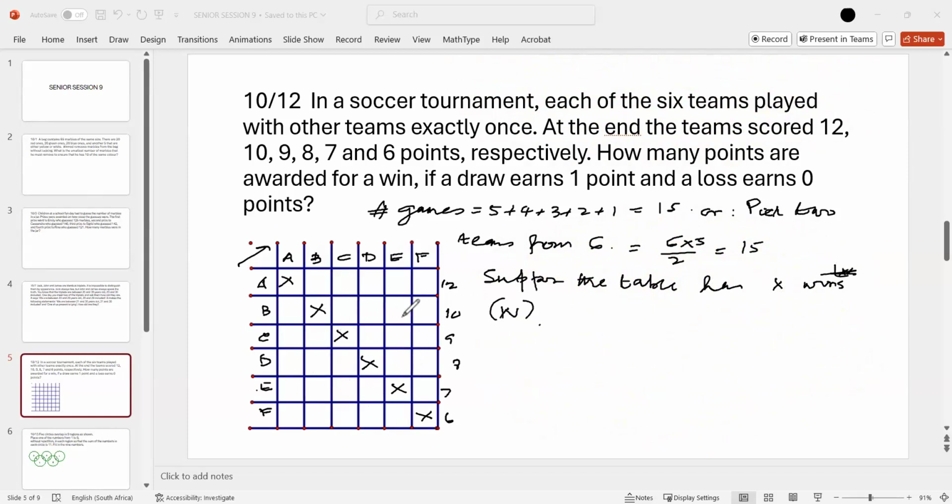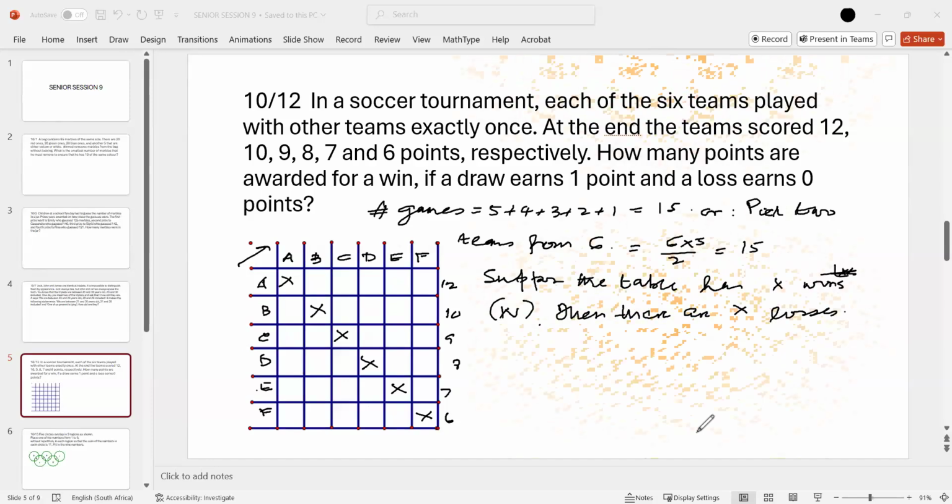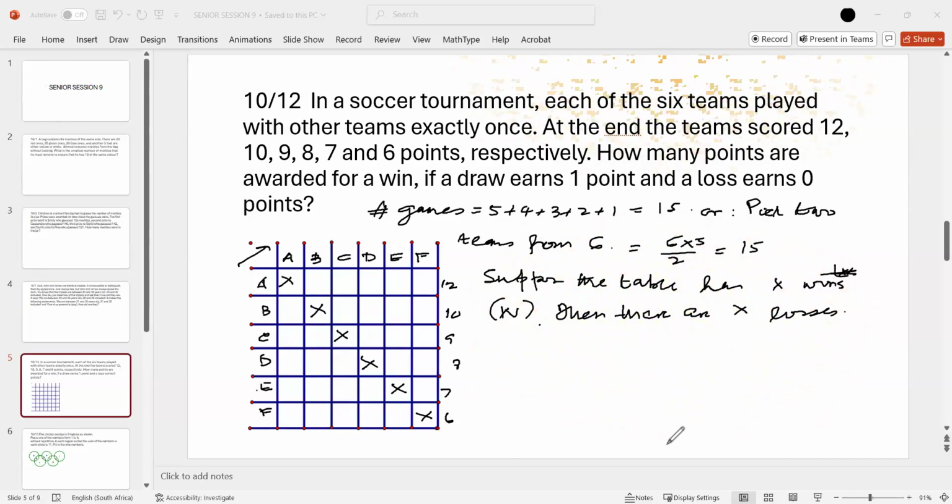So altogether, you've got X wins. It could be a W here, it could be a W there. But then there are X L's also. There are also X losses. Right? Because each time there's a win, there's a loss also. So the wins and the losses account for 2X of these entries.